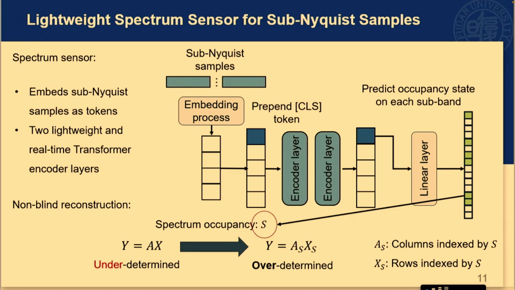But here is the twist. We use the prediction S from the transformer network to only keep columns of A and rows of X that actually influence Y. This turns the underdetermined problem into an overdetermined one, making it easily solvable by least squares estimation.